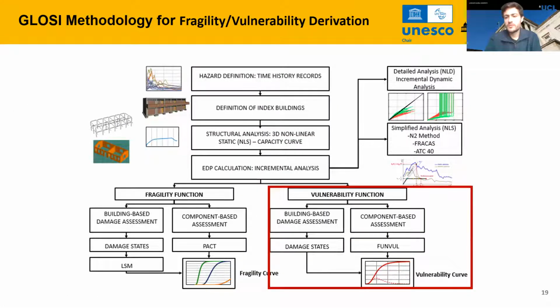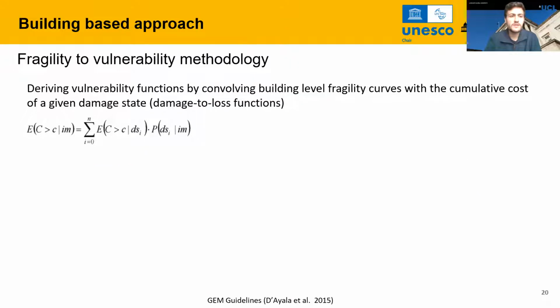Then you can go to the vulnerability function. We already developed one way of showing the vulnerability or the behavior of the buildings against some natural hazard. Now you can do that by obtaining directly the vulnerability curve. There are two possibilities. The first one is a building-based approach, in which you go from the fragility to the vulnerability.